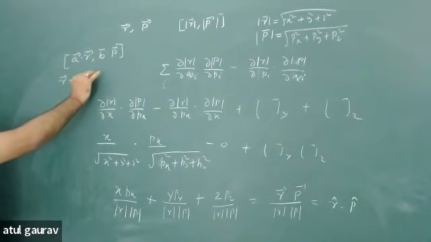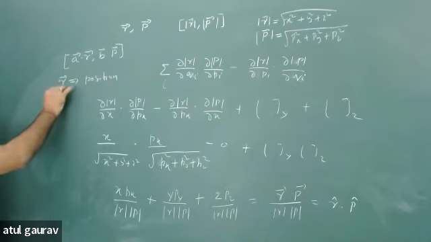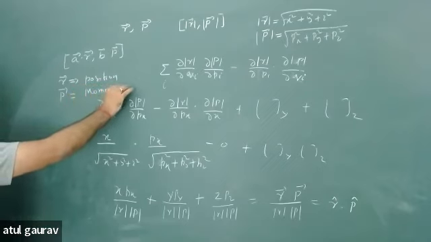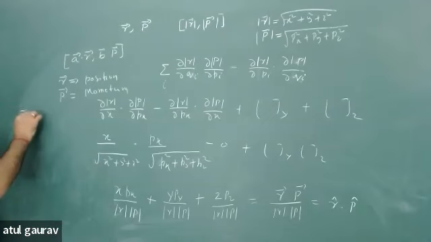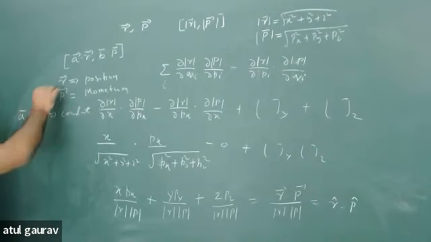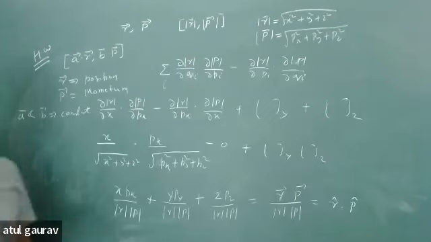Position vector. p क्या है? Momentum vector. A and b क्या है? Constant vectors. So this is your homework.